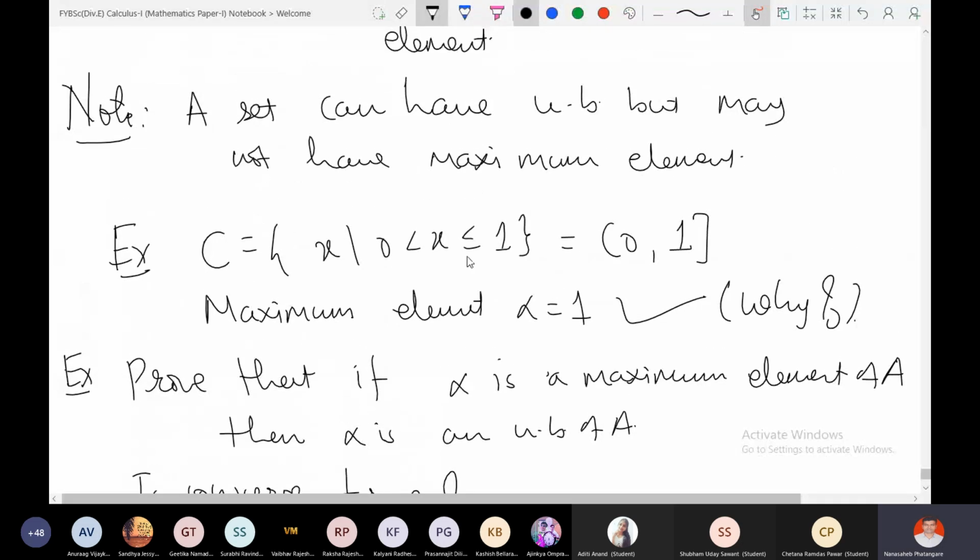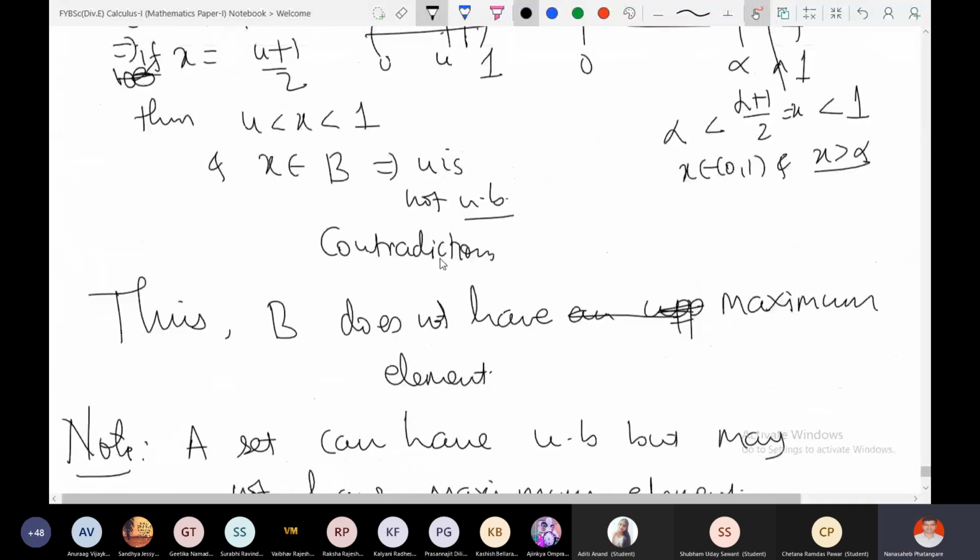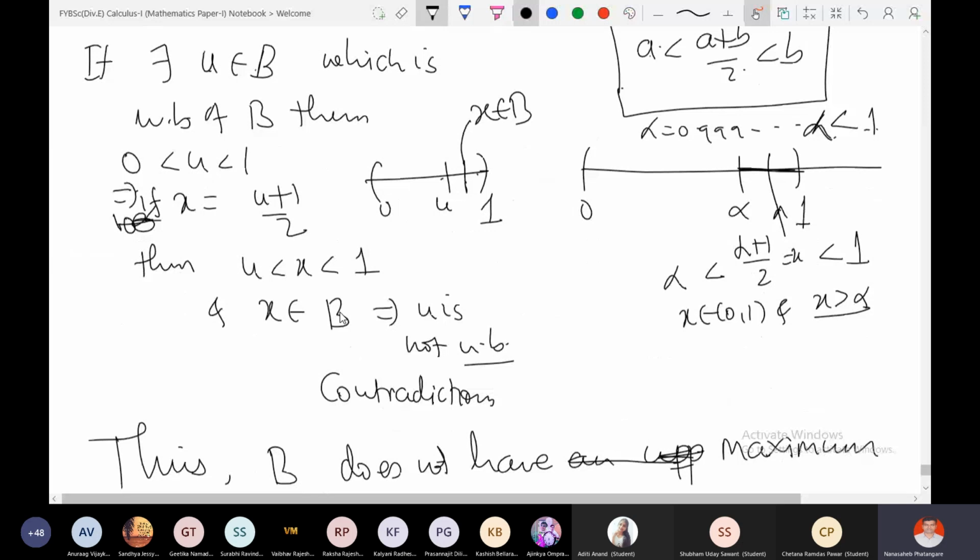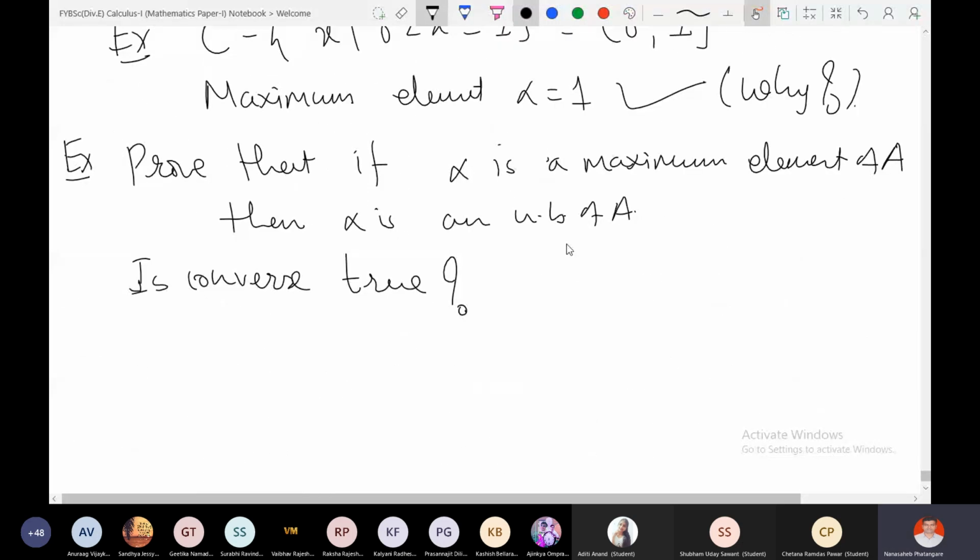And this is the example: 1 is an upper bound, but 1 is not a maximum element. So the converse is not true. And why, you can think over it and write the detailed explanation. If the idea is clear, you should be able to write it in your own words.